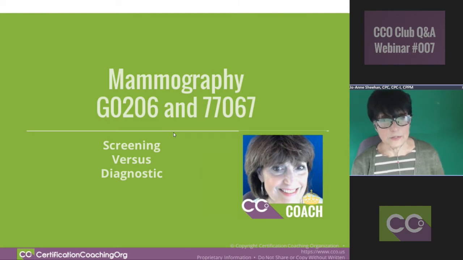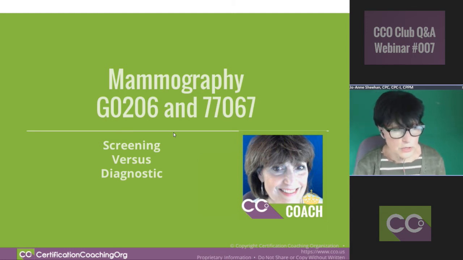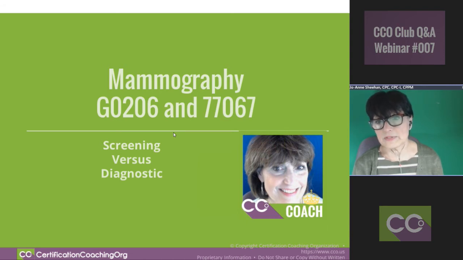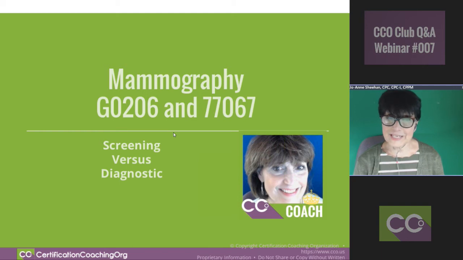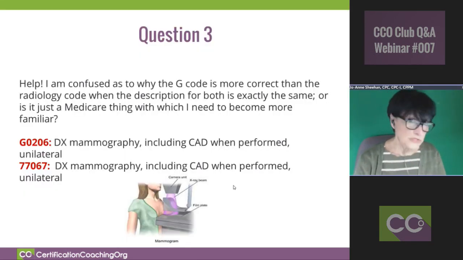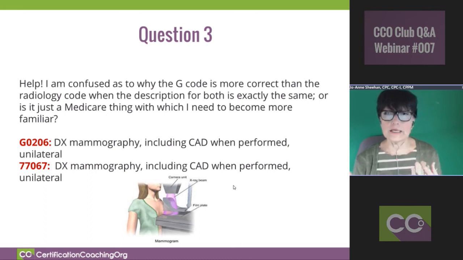Now our next question, if there's no more here, is about mammograms or mammographies. And the two codes in question are G0206 and 77067. And there's a question about screening versus diagnostic. And it's interesting because this question was confusing to our club member because she was practicing with a program called Practicode.